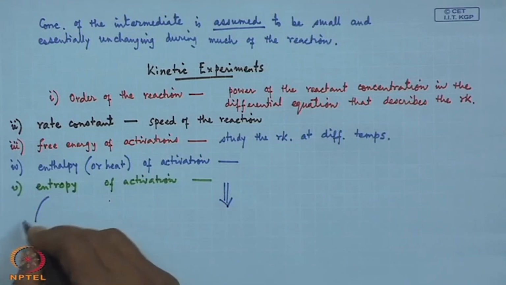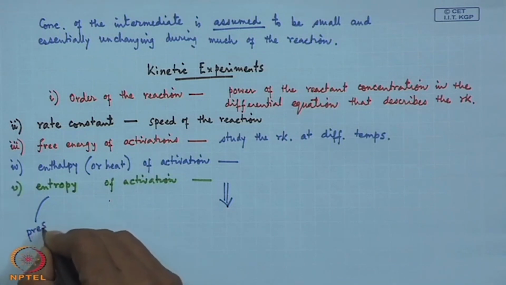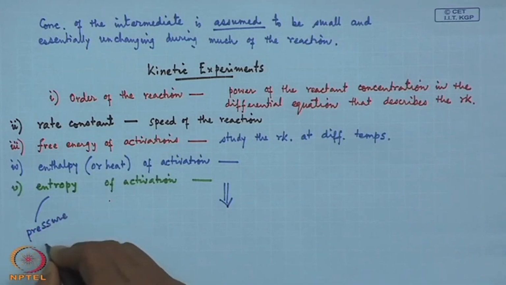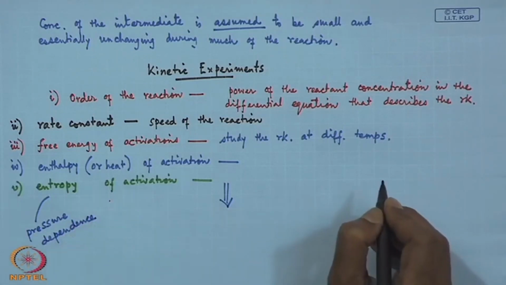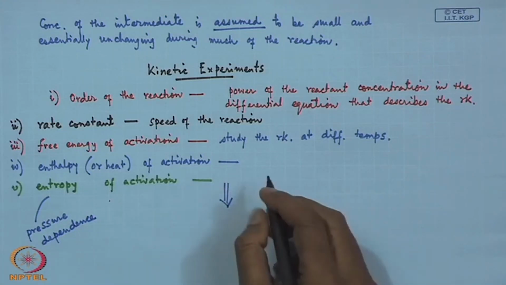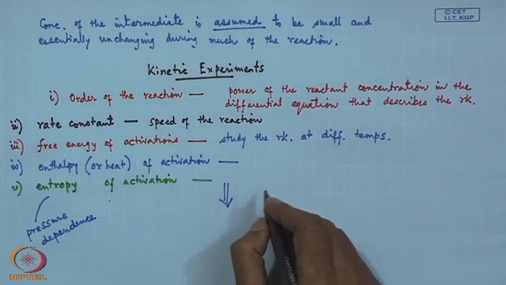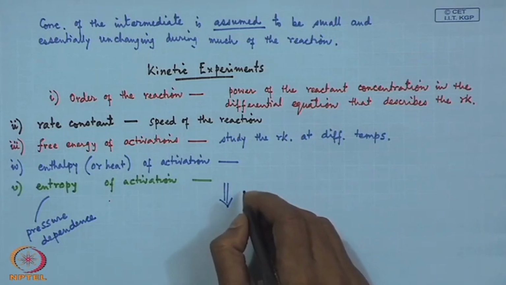If there is a change in the pressure while going from left to right, we get the corresponding pressure dependence of any particular reaction.